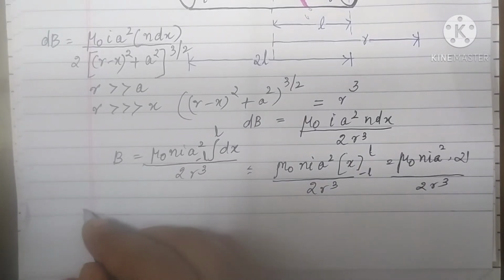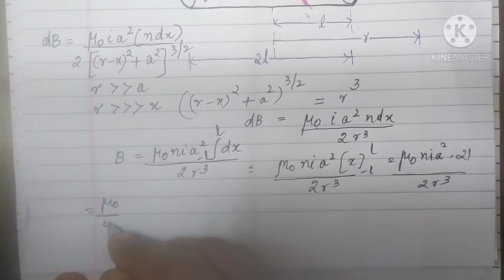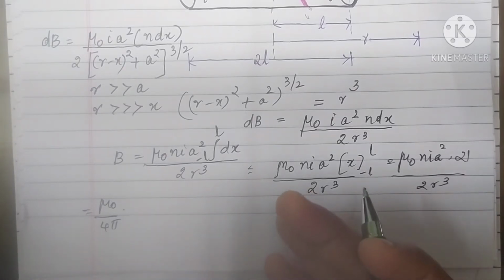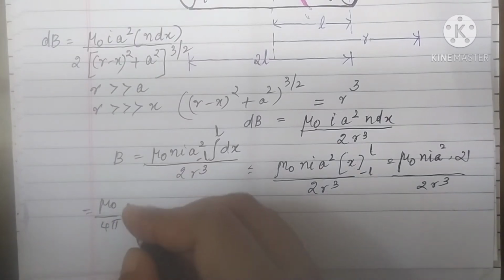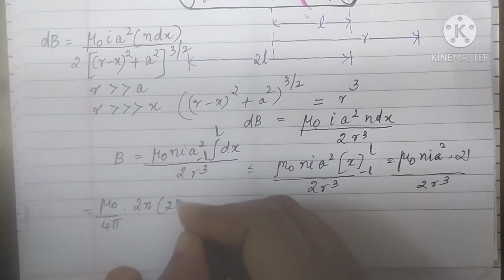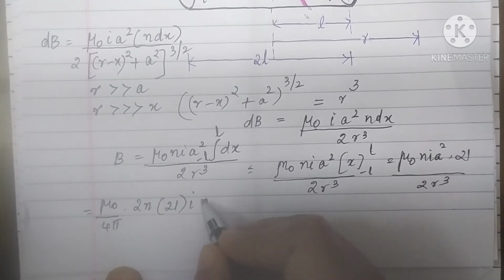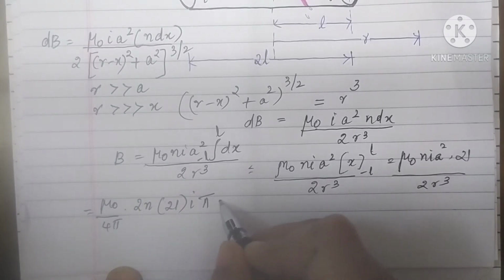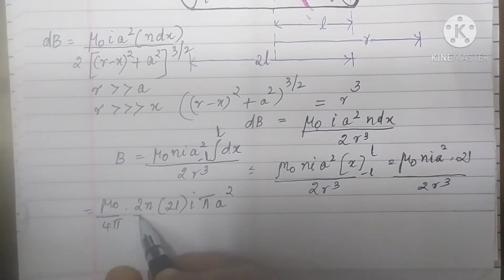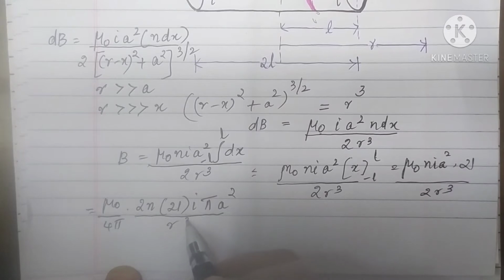Mu naught by 4 pi into these two, actually it will get cancelled, but the 4 pi that I am multiplying above in the numerator can be split into 2, so that I can write it as 2n, listen carefully, 2n into 2l, then I, then that pi, 4 pi, a squared, just an arrangement only, then divided by r cube.